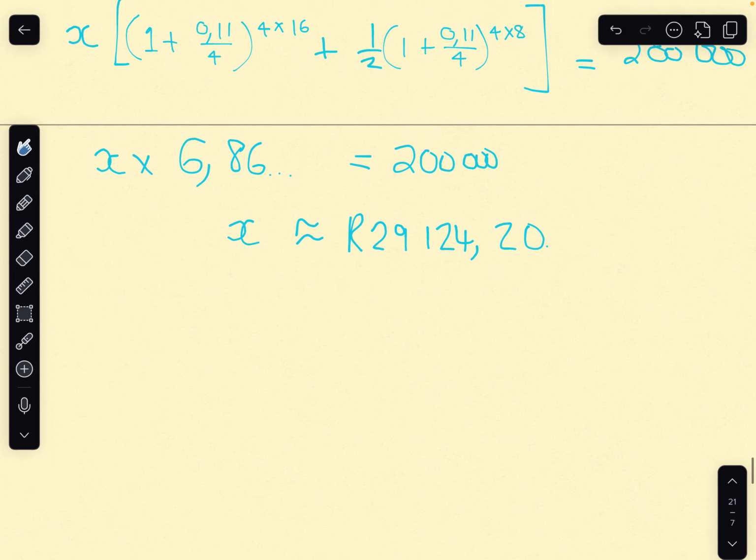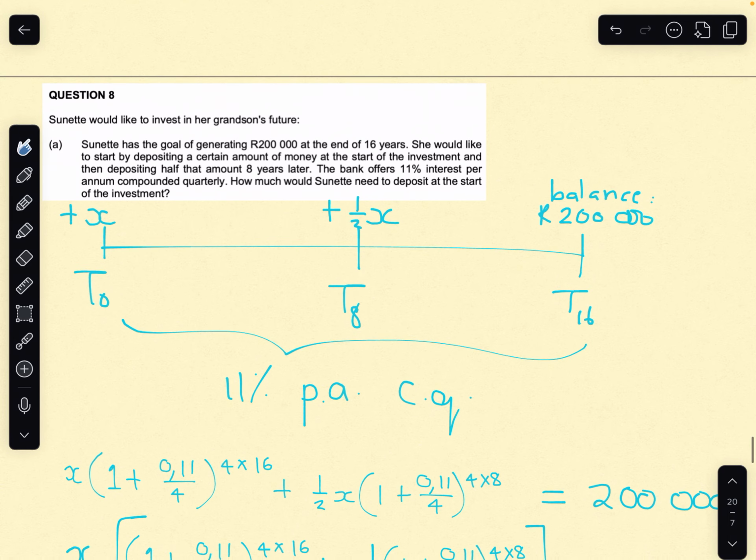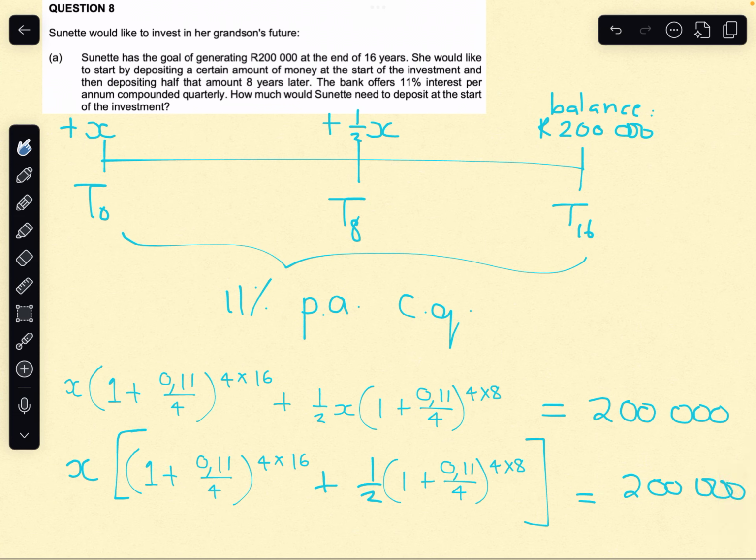Let's see what the memo has to say. Ooh. The memo. Oh, we have differed. Okay, so for the first question, the memo agrees with me.